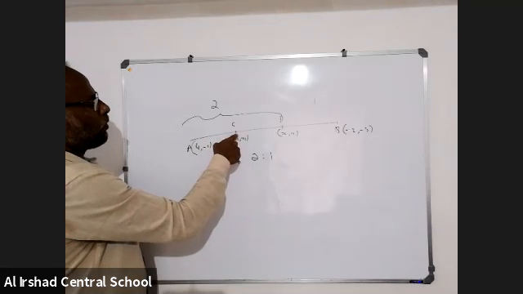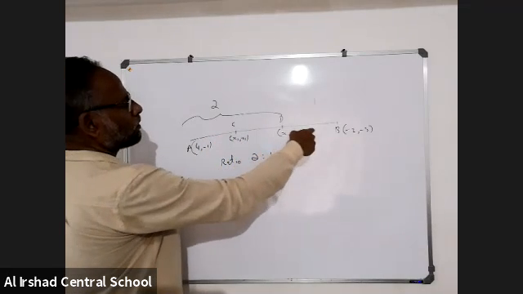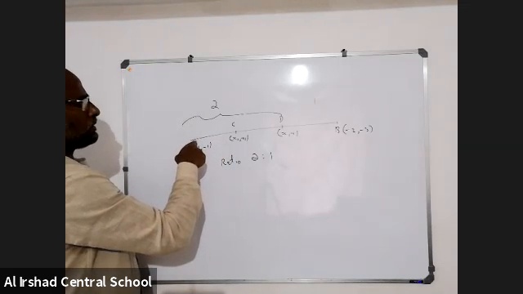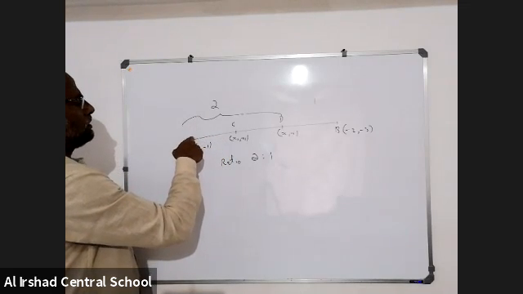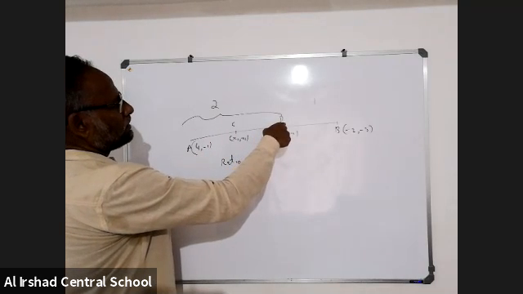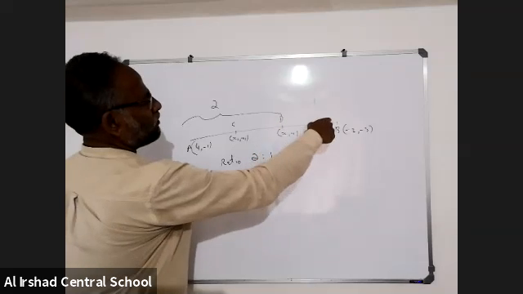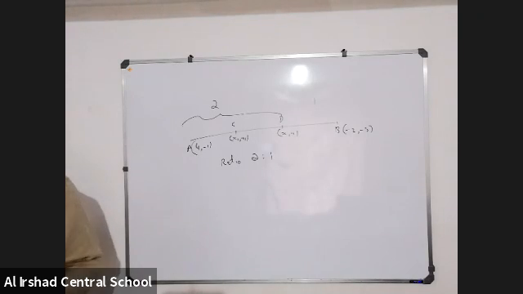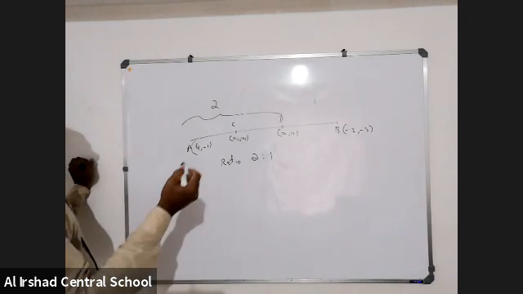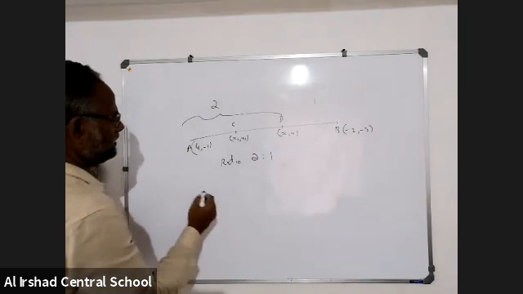Trisection, 1, 1, 1, equal parts, it is not given. 2:1 not given, but understood this one. 1 plus 1, 2 parts are divided, not yet. But 2 parts, 1 part, that is the only thing here. Put ratio 2:1. As before, find out x and y you are getting.